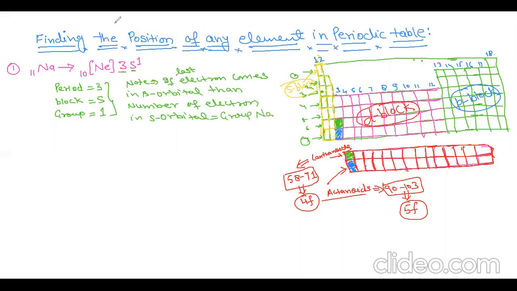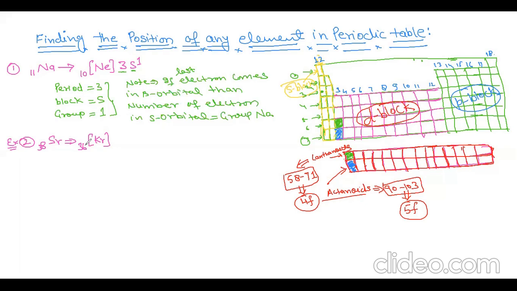Okay. For example, second example I am taking here: strontium, Sr, 38. What is the position of this element? First write the electronic configuration: before strontium is krypton, atomic number 36, a noble gas.